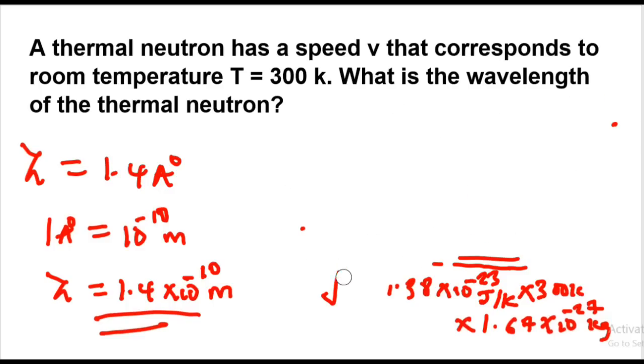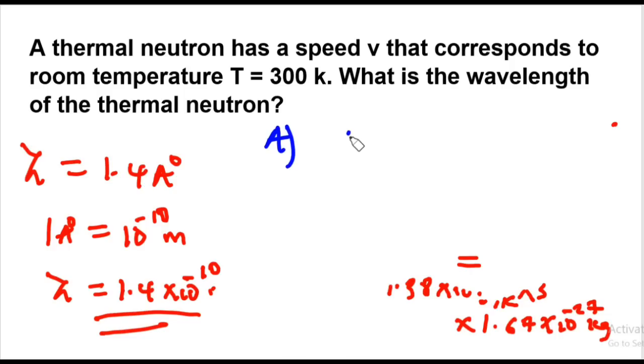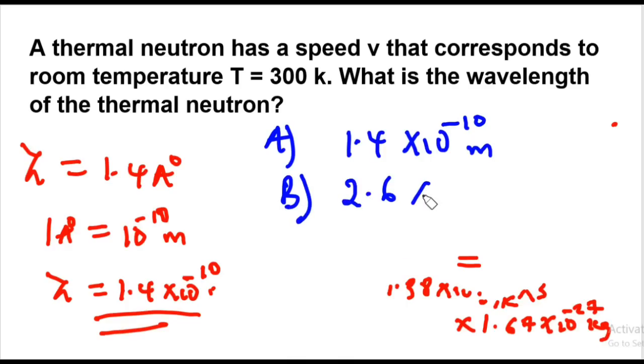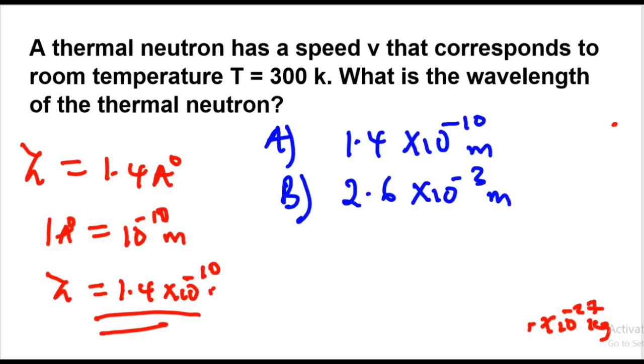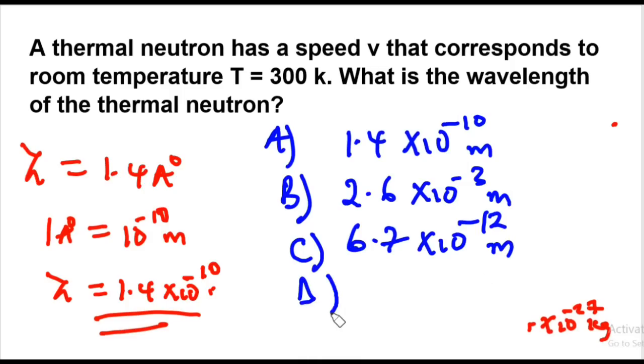And you'll be given options, let's say A as 1.4 times 10 to the power minus 10 meter, B as 2.6 times 10 to the power minus 3 meter, C as 6.7 times 10 to the power minus 12 meter, and D as 3.2 times 10 to the power minus 5 meter.